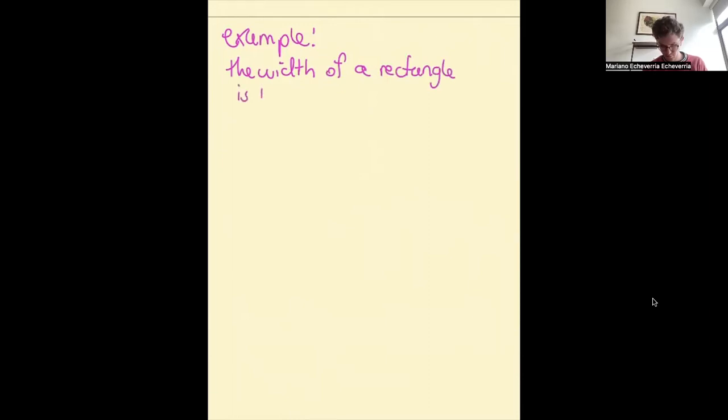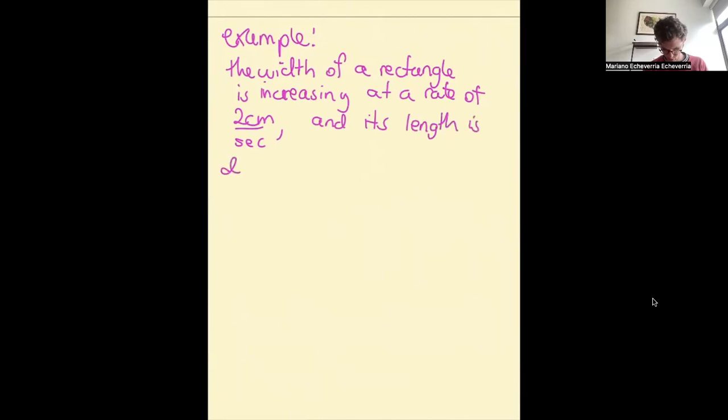The height is increasing at a rate of 2 centimeters per second, and the length is decreasing at a rate of 3 centimeters per second.